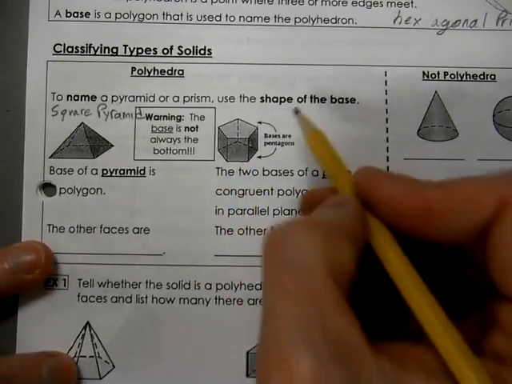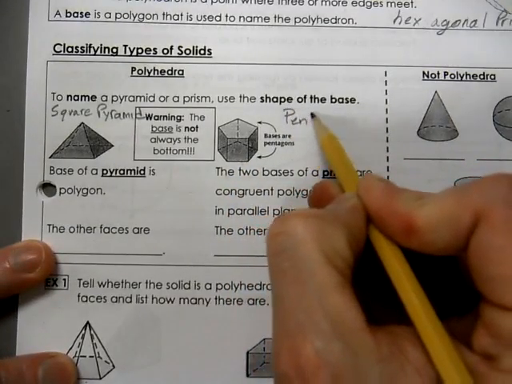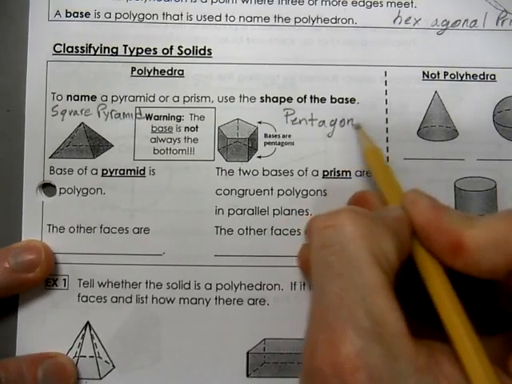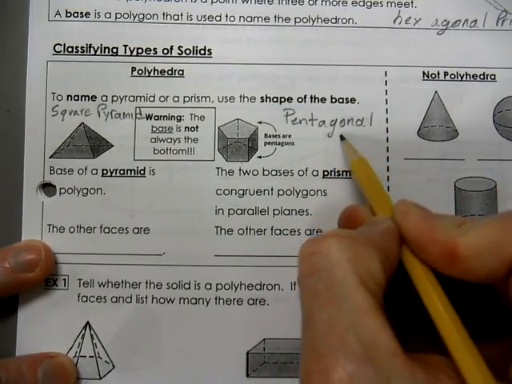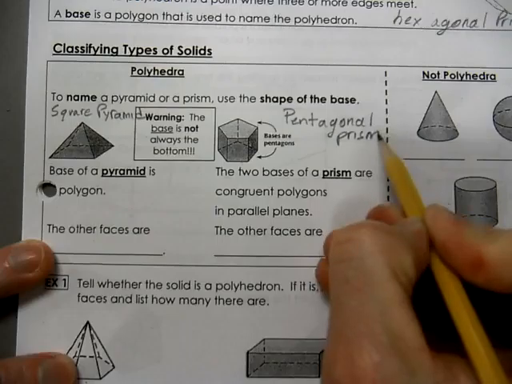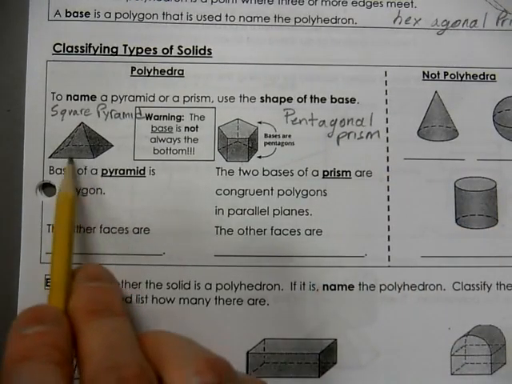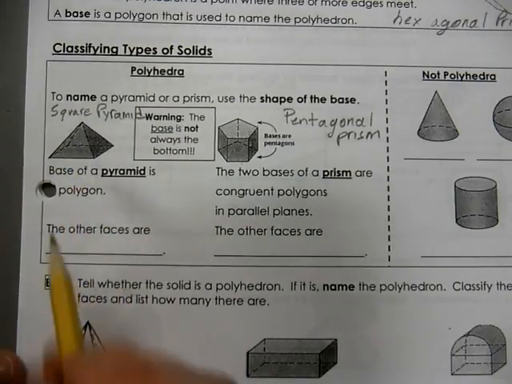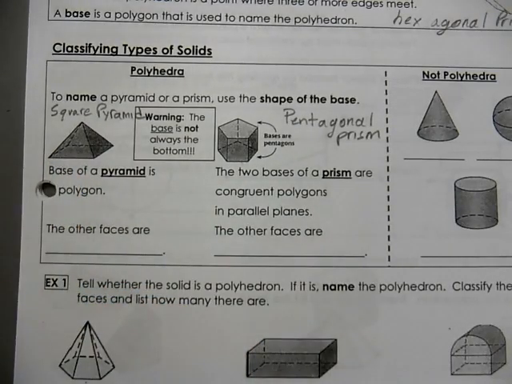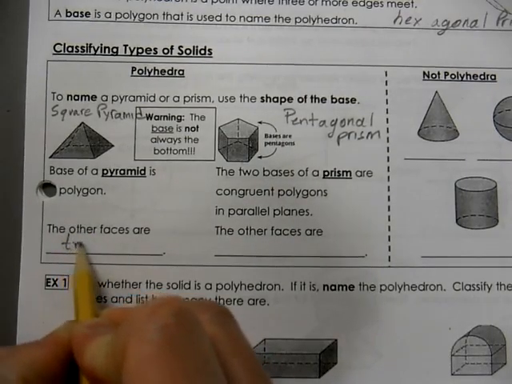And in this case we'd have a pentagonal prism. The other faces that make up this pyramid, what do you see? What are the other faces? They're triangles.